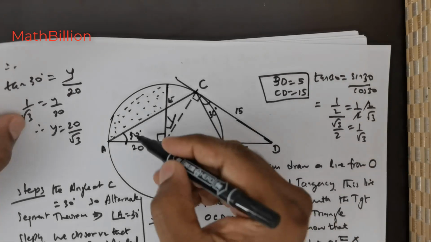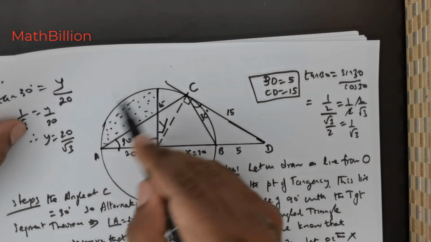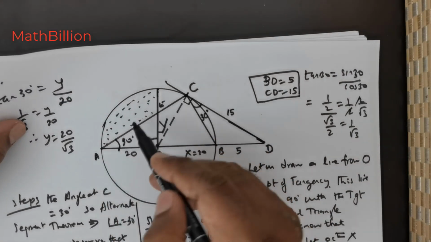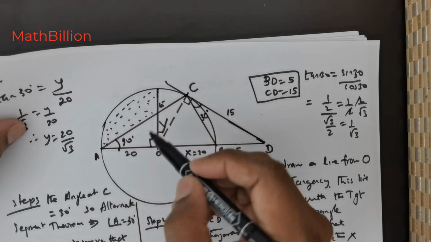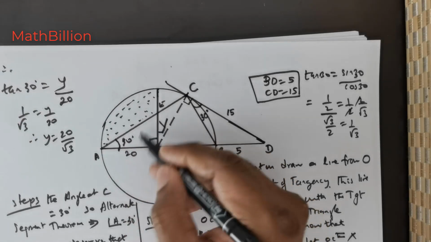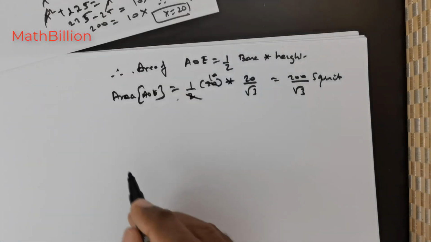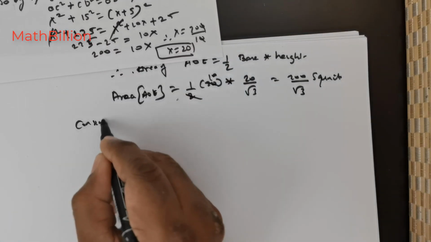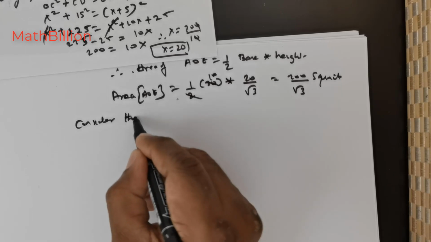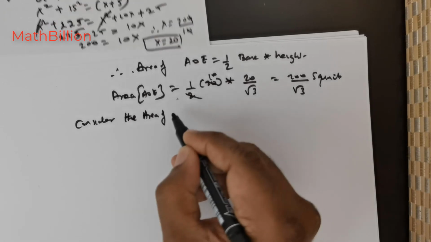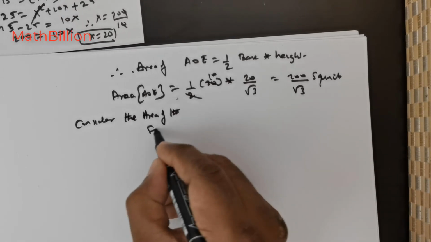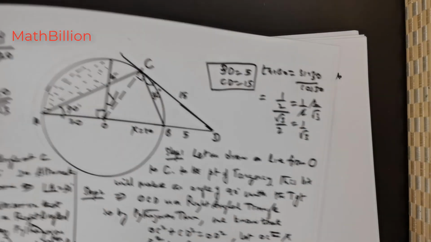Now watch here. We got this area. Now we need to get the area of this sector. To get the shaded region, from the area of the sector, we have to take away the area of the triangle. Now to get the area of the sector, we are going to be using this formula. Consider the area of the sector. So what sector are we considering?